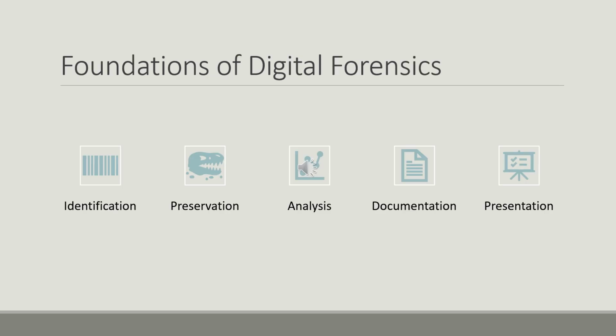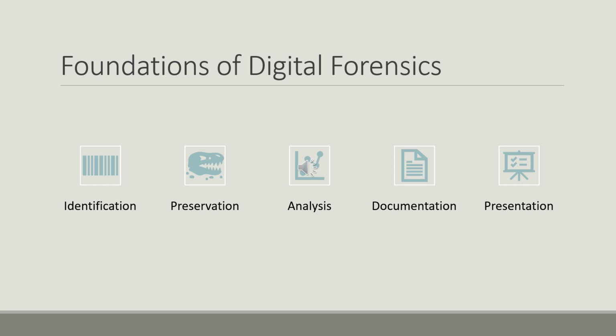The foundation of digital forensics starts with identification. During this stage, investigators come up with potential sources of evidence. These can include computers, cell phones, servers, and the list goes on. The preservation stage is to confirm the data is not messed with during the processing, which ensures accuracy.